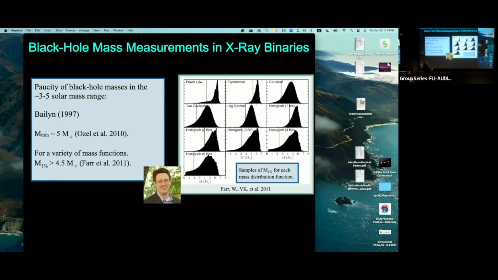And basically, no matter what, we find it to be greater than 4.5 solar masses instead of 3, as it should be, because that's the definition. And Ferial, with different methods, finds a minimum of 5 solar masses. And since we did the analysis, we got convinced that there is a gap.